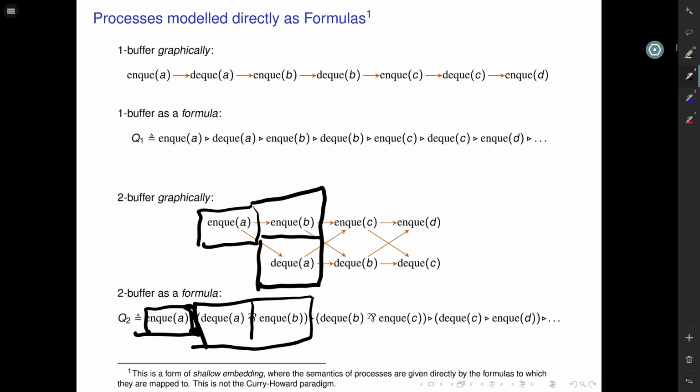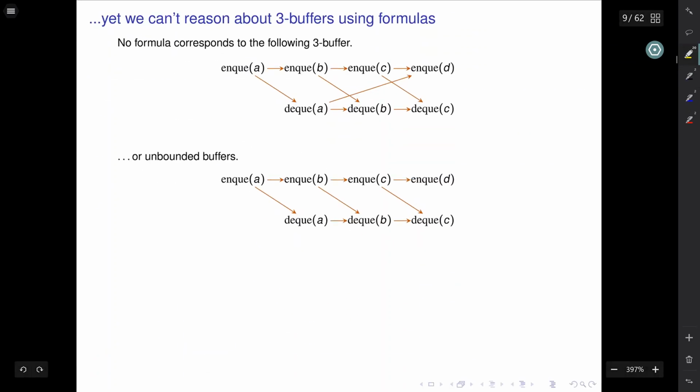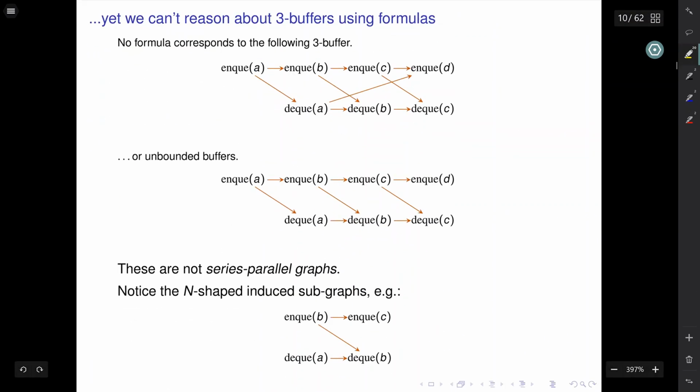The surprise is that if we want to do the same for a simple structure such as a 3 buffer, this is just a queue in which 3 things can simultaneously be queued, we cannot write down a formula in the same way, nor can we do it if we have, for instance, unbounded buffers. And the reason has been known since the 1970s.